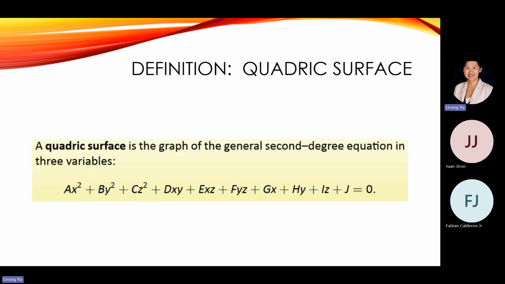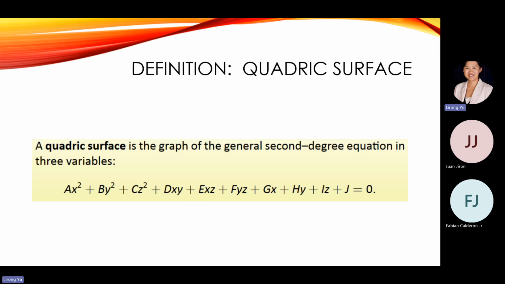All right. So let's make it more general. One of the homework questions is being able to identify the surface. This is a general definition. Any degree 2 equation in three variables, the equation represents what we call a quadratic surface.